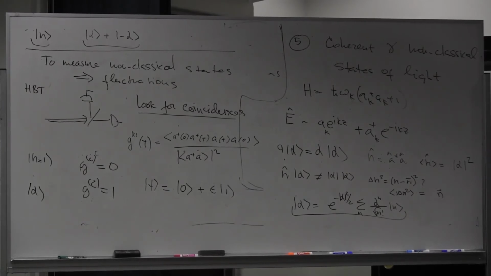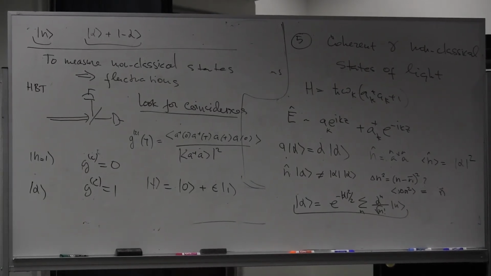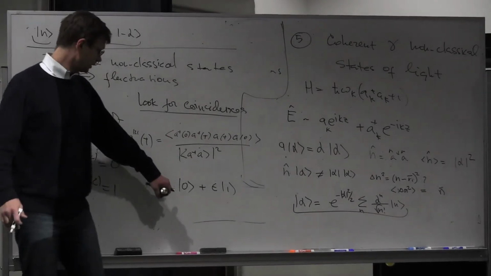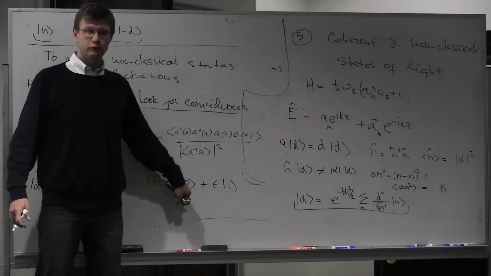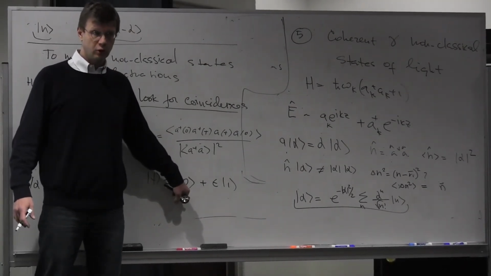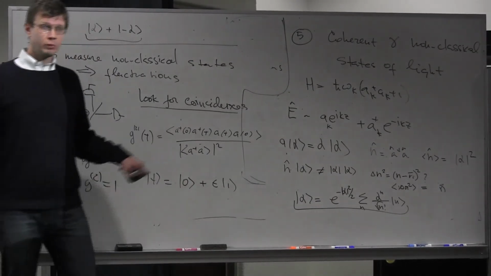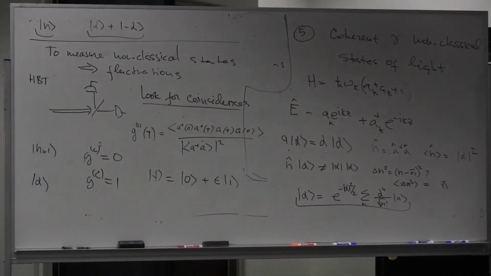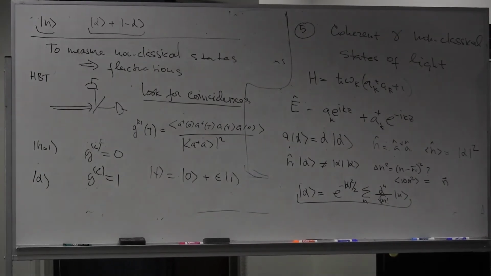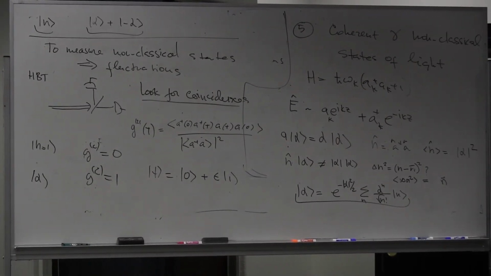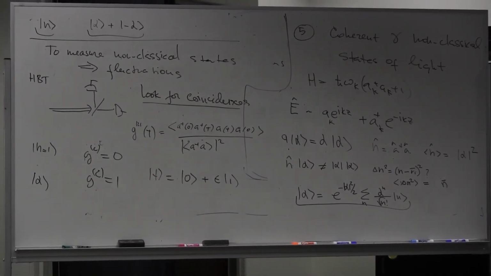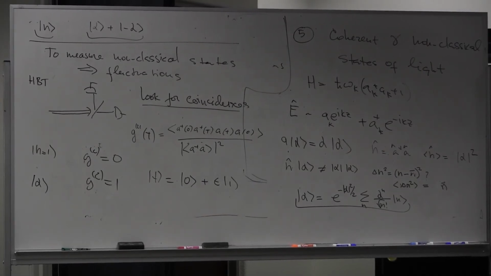But nevertheless, G2 will be equal to 0 if it's a single photon emitter, because a state like this will also have G2 equal to 0. So what this Hanbury Brown-Twiss measurement really measures is the relative weight of a single photon component and a two photon component, right? That's a very good question.